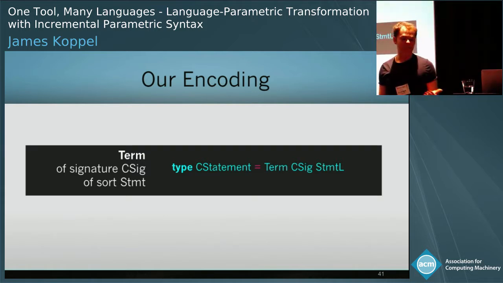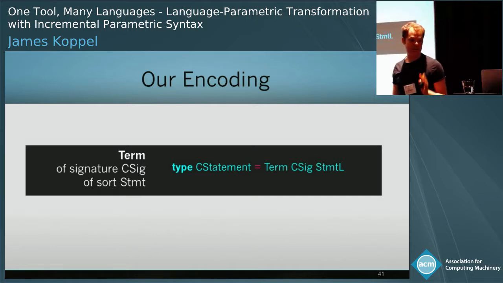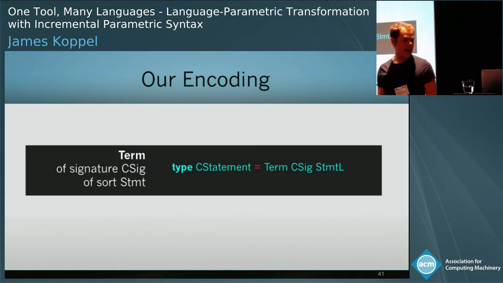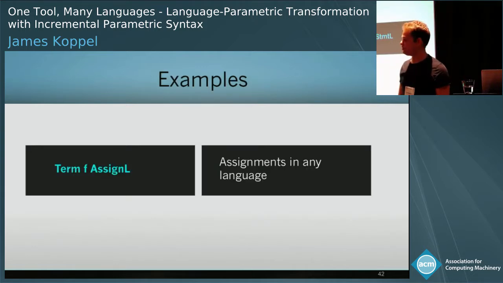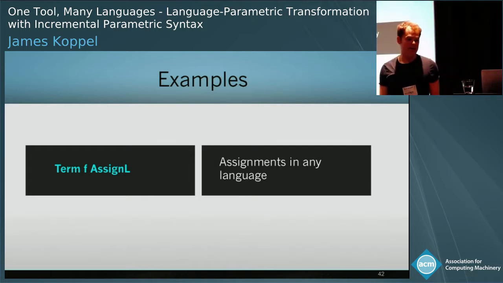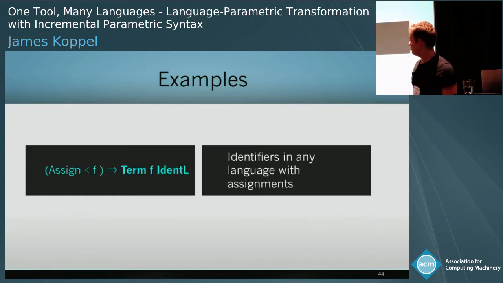It uses a data types à la carte style representation that makes it very easy to switch between generic and language-specific code. To have statements in C, you would say term of the C signature of sort statements. But you can generalize these as you will to get different levels of detail about a language. For instance, term f assign L refers to assignments in any language, whereas term JavaSig s means Java terms of any sort.